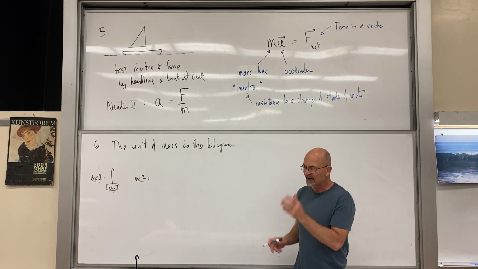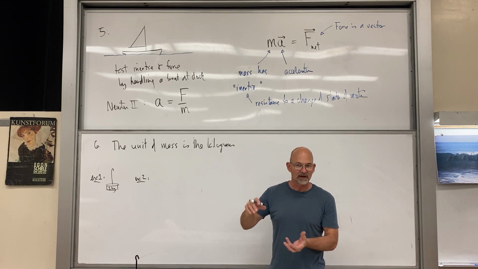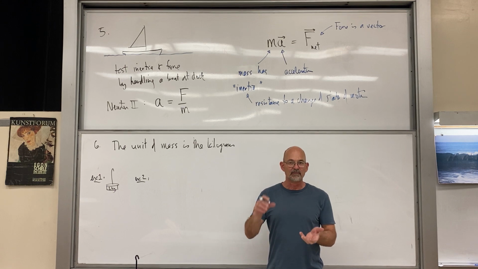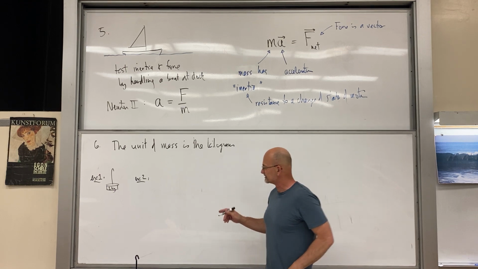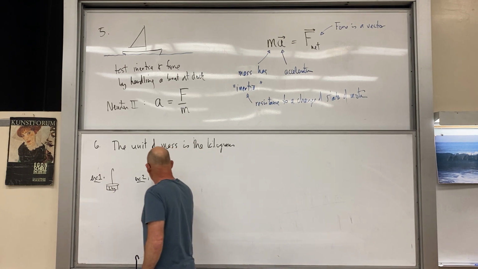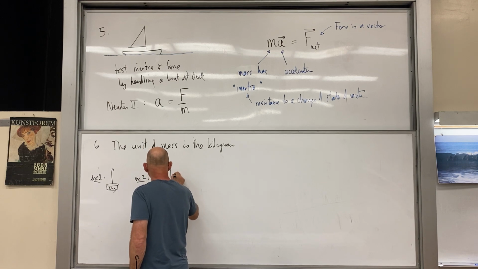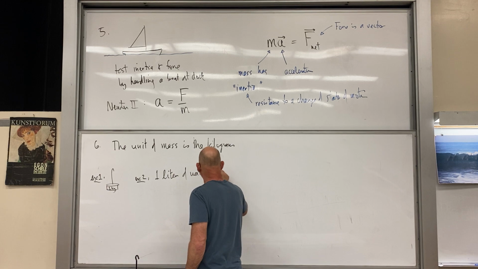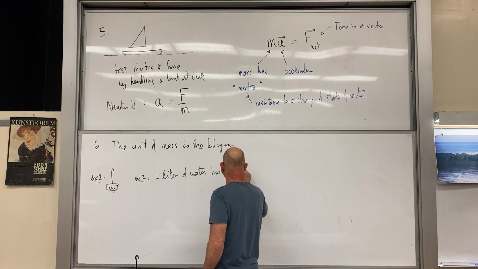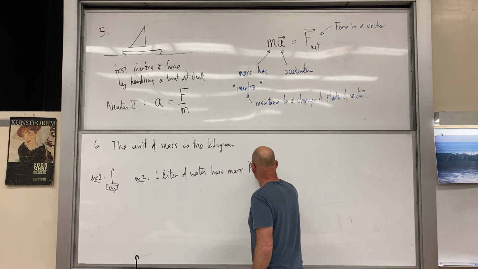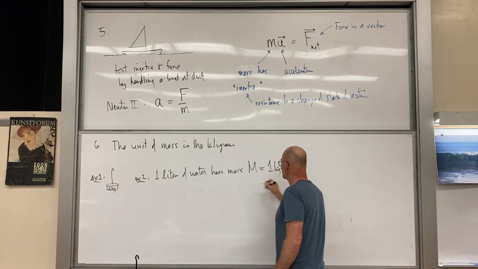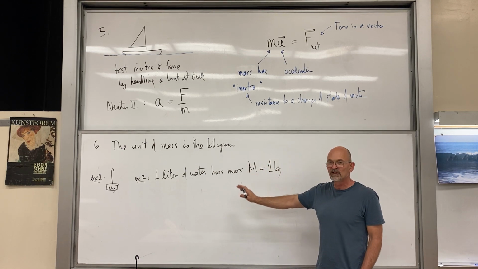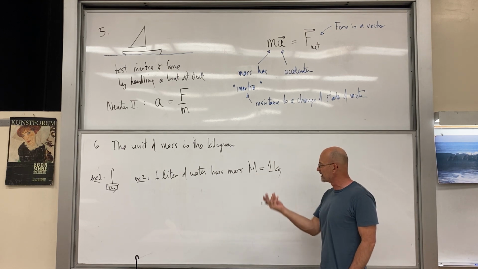So you can always get a little plastic liter bottle, fill it up, maybe back off a little bit because the bottle itself weighs something. But 1 liter of water has mass m equals 1 kilogram. So you can always get a test sample of 1 kilogram just by having a liter of water in a thin plastic bottle.